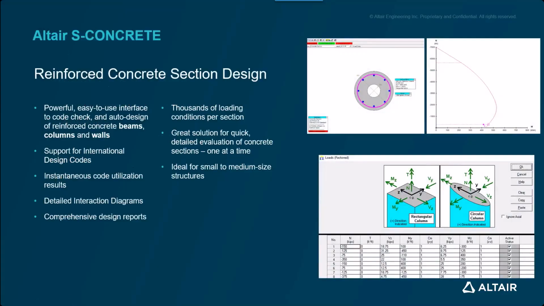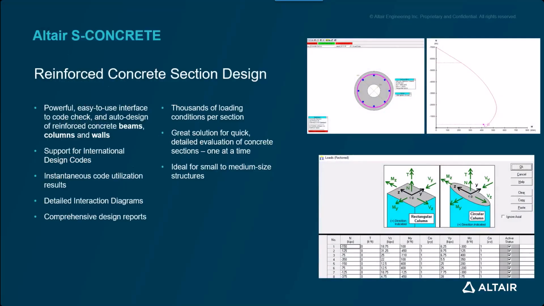We're going to start off by talking about our reinforced concrete section design in S-Concrete. If you haven't used it before, you'll notice that it's a powerful yet intuitive interface that allows you to code check and perform designs of reinforced concrete beam, column, and wall sections. So it is specifically a section designer. It supports a variety of different international design codes.